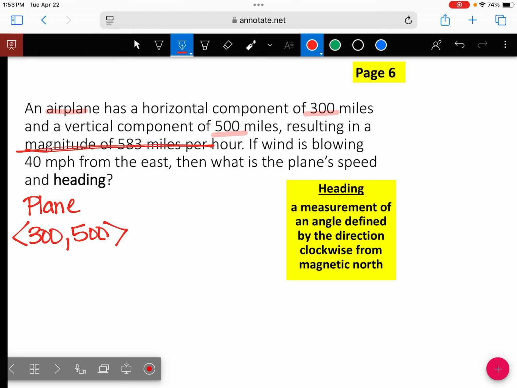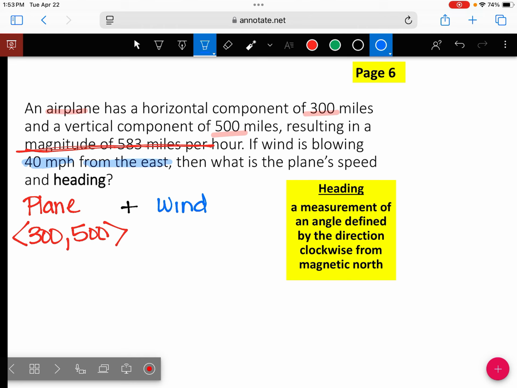If wind is blowing 40 miles per hour. So now I'm introducing another vector, which is wind. So it told me that the wind is blowing 40 miles per hour from the east.